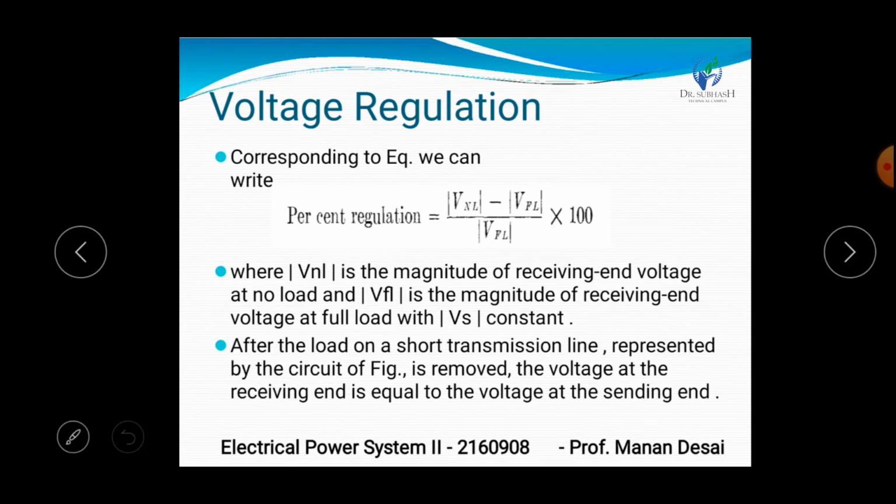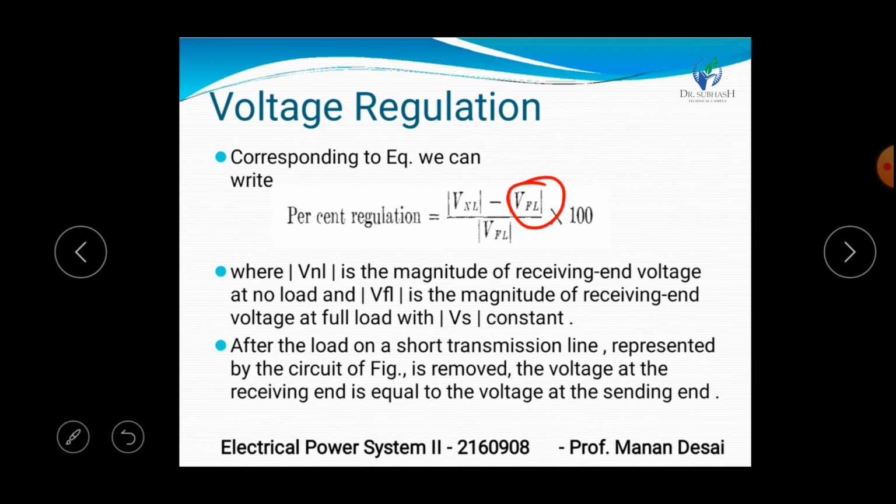So we can say VNL is Vs, the sending end voltage, and the receiving end voltage VR is considered as VFL, full load.